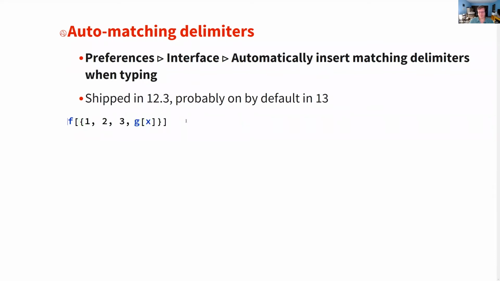So if, for example, I want to wrap f with a function and I wanted to do something like h of that, if it auto inserted the matching bracket at this point, well, there's a significant ambiguity here. Would you have wanted the closing square bracket to go right here, before the f, or would you have wanted it to wrap around this whole thing?